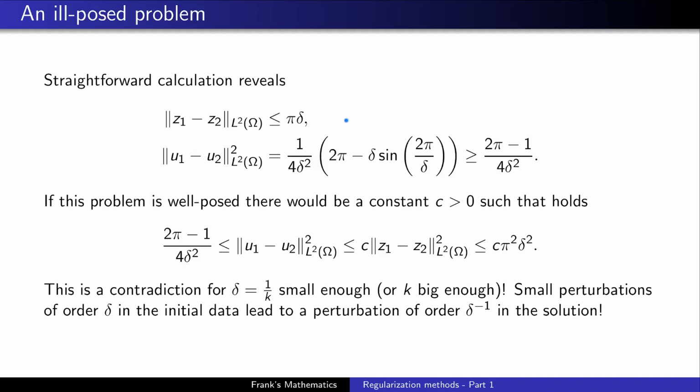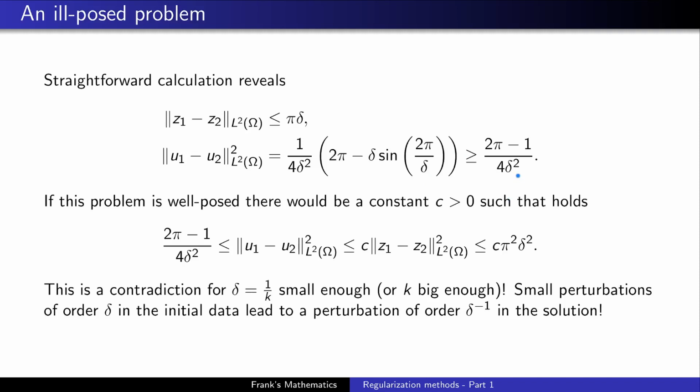And a little bit more complicated, I just skipped the calculations here. But most important, we see that the difference of z1 minus z2 is bounded from above by delta, while the difference u1 minus u2 is bounded from below by 1 over delta.